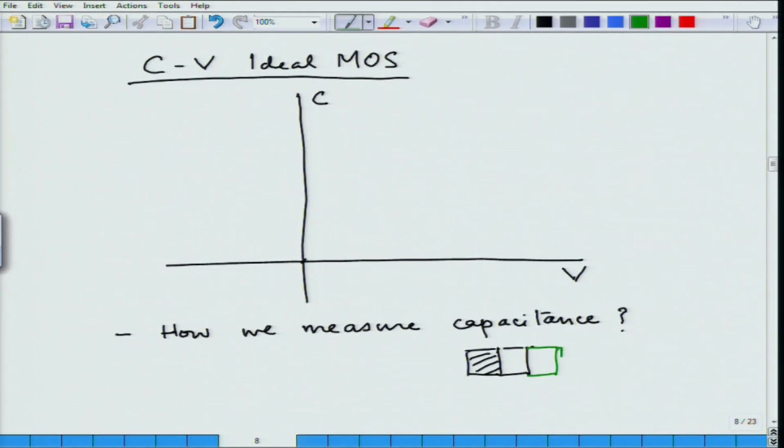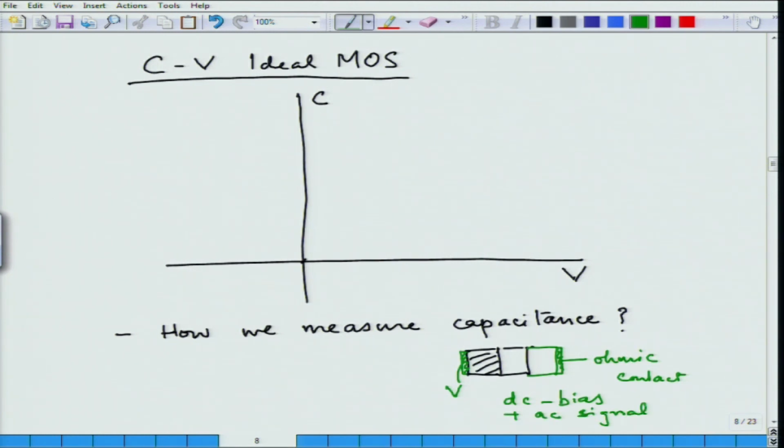On the semiconductor you will have an ohmic contact on this side, so that this does not become another device, and you will have contact through the metal from where you are applying the different values of voltages. Now, in order to measure the capacitance of this structure between these two metals, we normally apply a DC bias. When you are applying a DC bias for the measurement, in addition to that we apply a small AC signal.